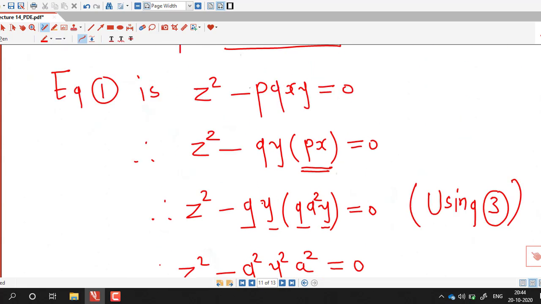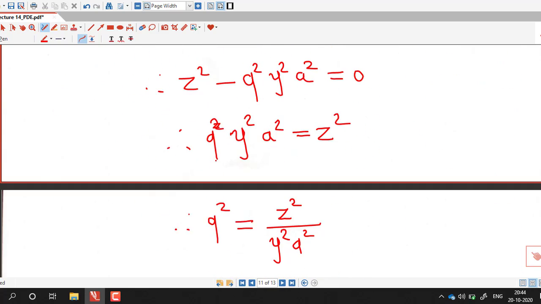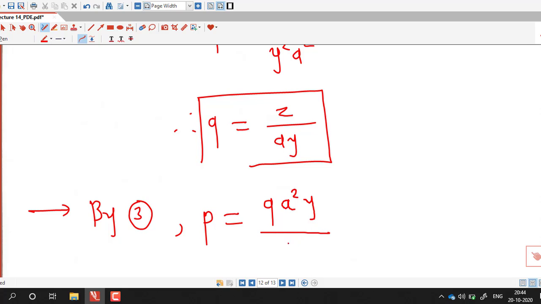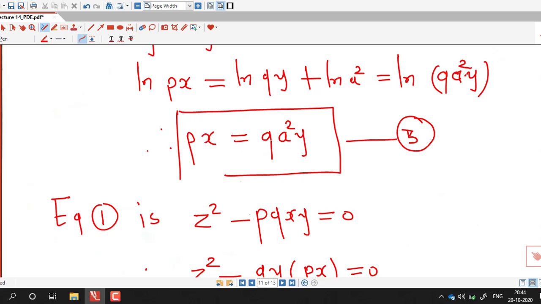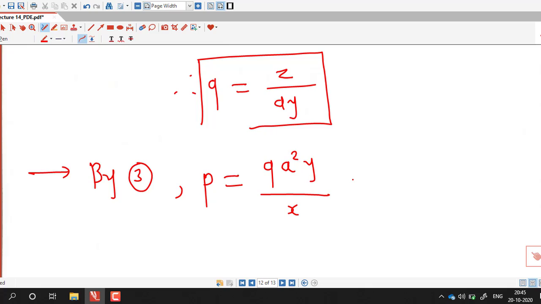Now small p is, from equation 3, small p is q a square y divided by x. So let me check again. P equal to q a square y divided by x. So here we substitute value of small q, which is z upon ay.